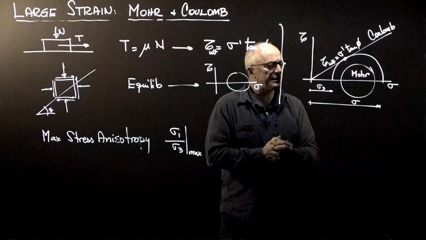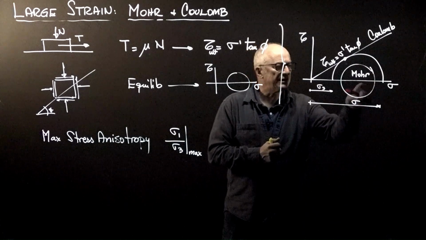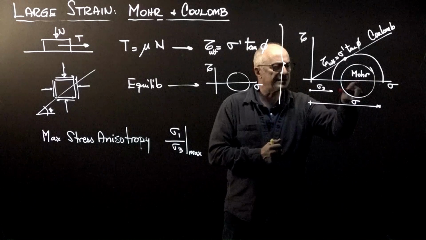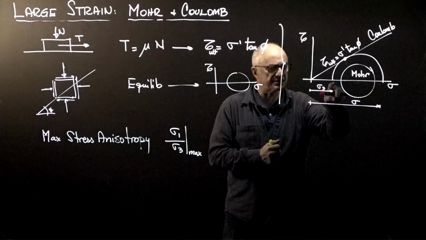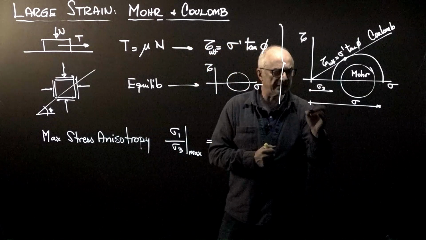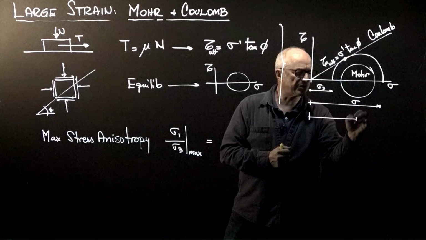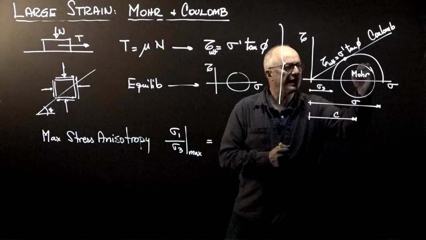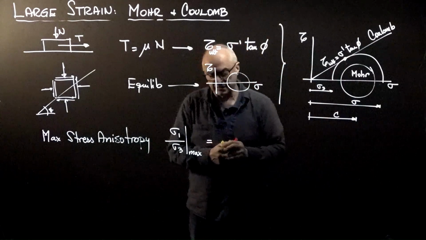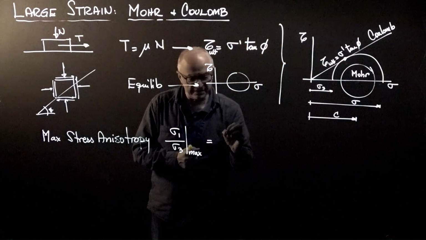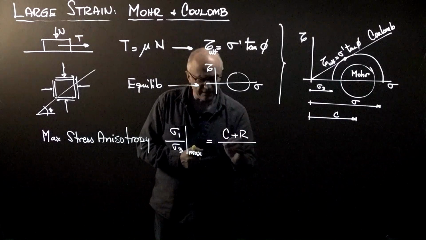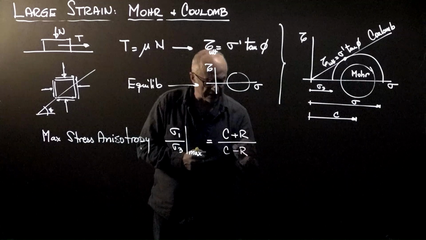Now, as you can see, sigma 1 is the center plus a radius, while sigma 3 is the center minus the radius. Therefore, we are going to call this quantity the center, the location of the center, and the radius is the one that connects to the point. So sigma 1 is the center plus the radius, where sigma 3 is the center minus the radius.